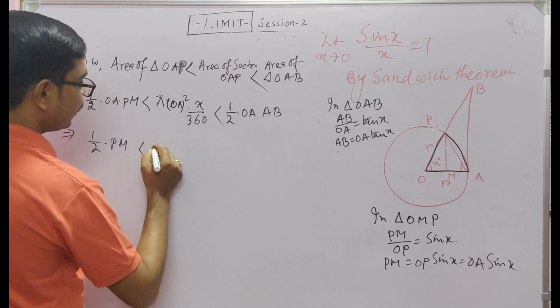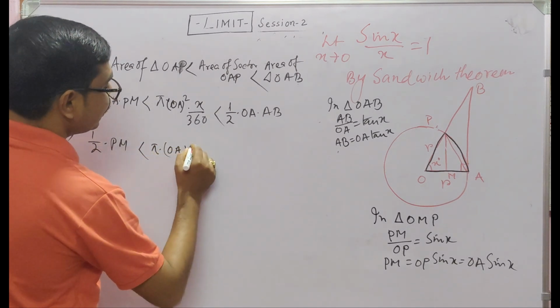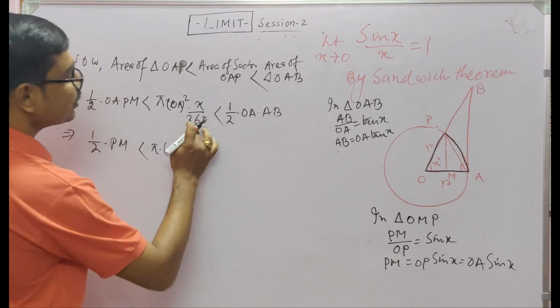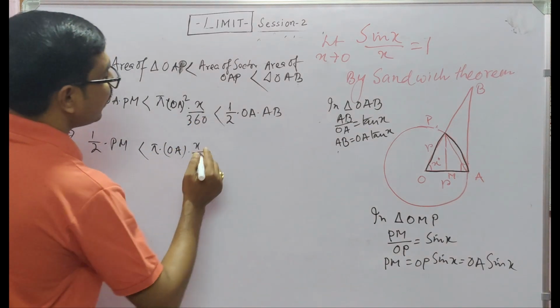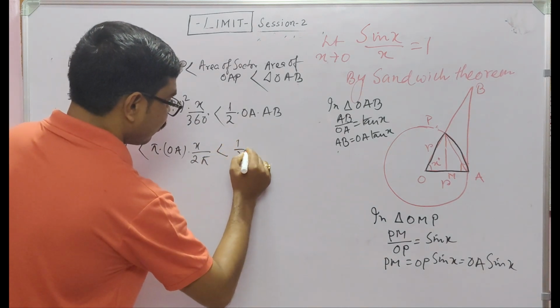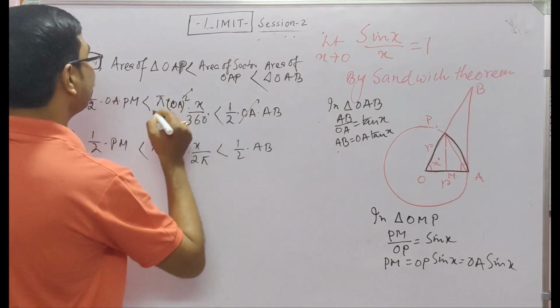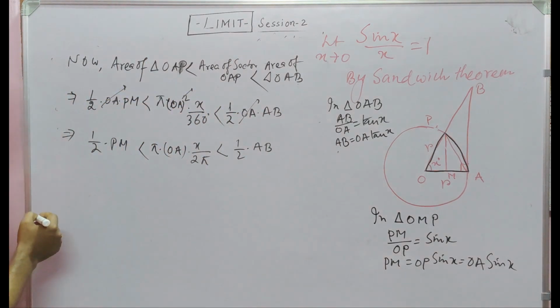Pi into OA, x by 360, where 360 degree equals 2 pi, and OA is cancelled. Now half into AB. Cancel out the ones, and cancel out this.